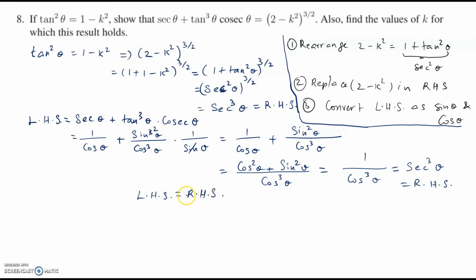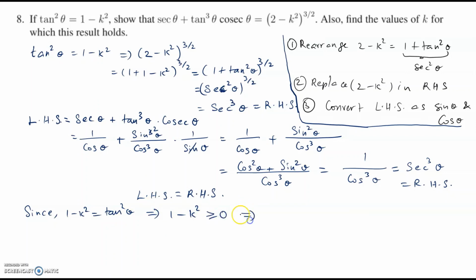Now we need to find the value of k. Since 1 - k² is equal to tan²θ, tan²θ will always be a non-negative value. So we can say that 1 - k² is greater than or equal to 0.